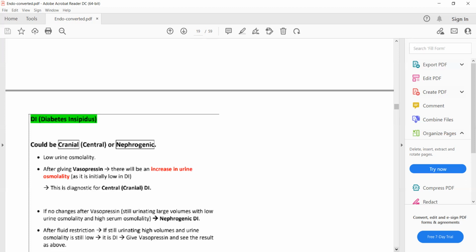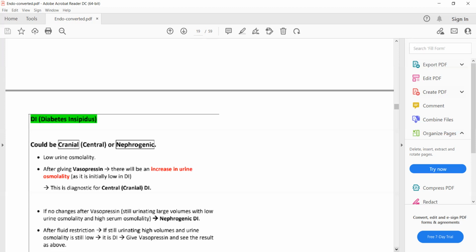But in diabetes insipidus, there is more water in urine. So osmolality will be low. In diabetes insipidus, osmolality of the urine will be low. Okay, is that right? Yes. So the initial investigation, if we are suspecting diabetes insipidus, is urine osmolality, which will be low.